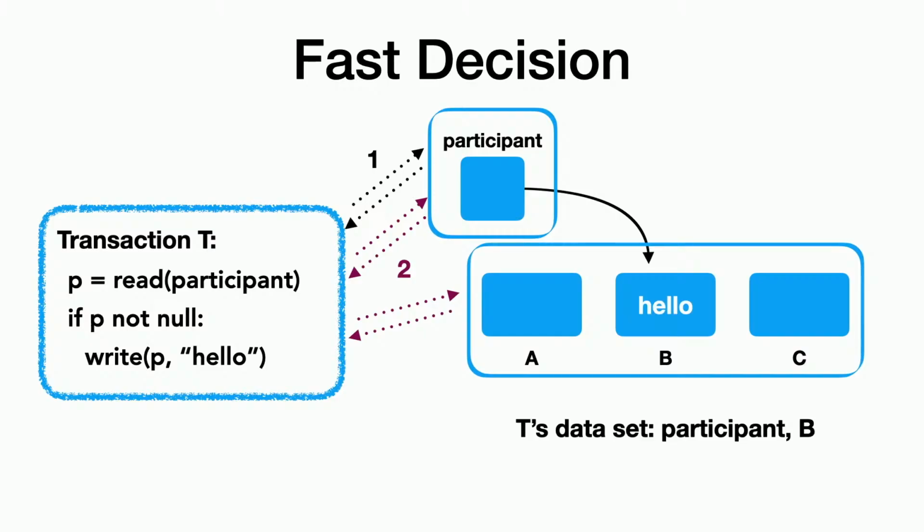And I can also tell machine number 1, okay, we're going to commit the transaction, because the machines also need to know whether the transaction will be committed. But in the first round trip, I only know one piece of my data set. I don't know the other piece. So I definitely need 2 round trips to do anything.